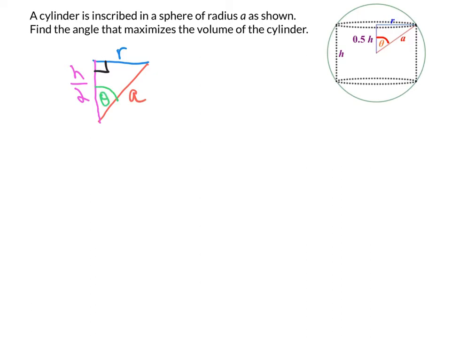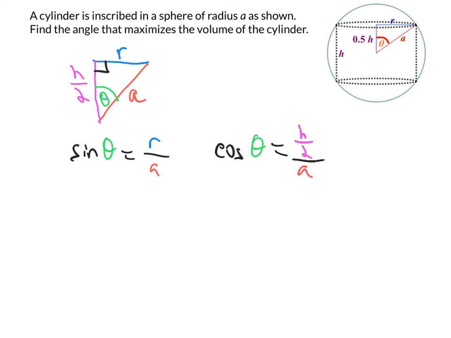So moving forward, we just use right triangle trig to connect these, and rather than spend a lot of time worrying about the trig functions, I'm just going to figure them out on the fly. So I'm going to say sine of theta is definitely going to be the opposite side, which is r, divided by the hypotenuse, which is a. And cosine of theta is going to be just the adjacent side, which is h over 2, over the hypotenuse, which is a.